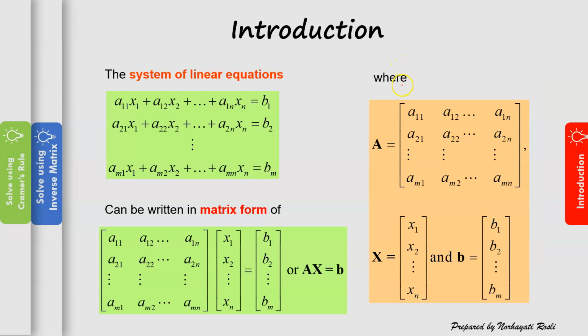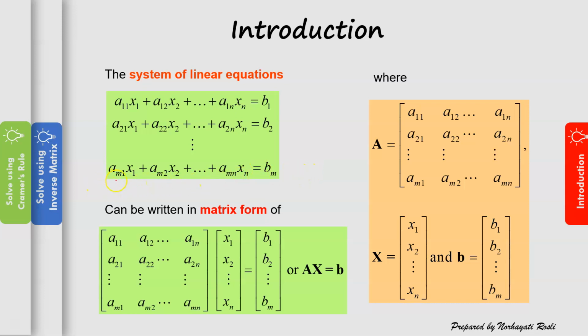But in mathematics, all the systems in this world can be transformed into linear equation, which in general is in the form of a11x1 plus a12x2 plus up to a1nxn, which is equal to some value of b1, and then you have here a21x1 plus a22x2 plus up to a2nxn equal to b2, up to here you have m numbers of equation.